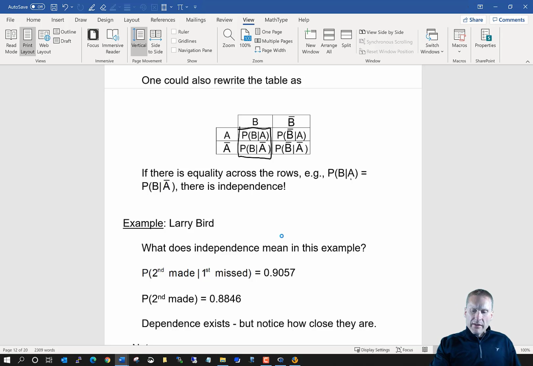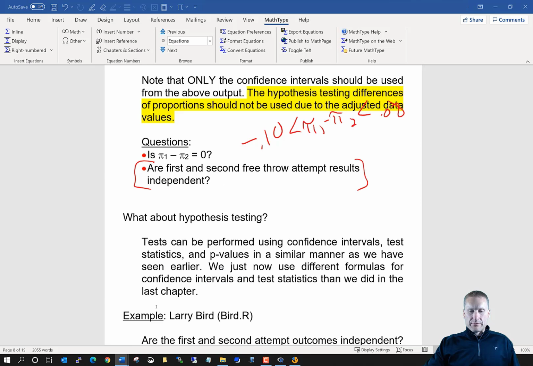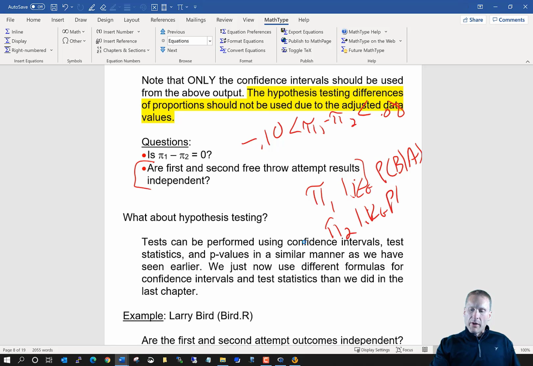Because what this says, it doesn't matter if you're working with event A or A bar, the probability is exactly the same. That's independence. And in fact, that same idea is actually working here. Because basically what pi 1 is doing, it's like the probability of B given A, and pi 2 is like the probability of B given A bar.